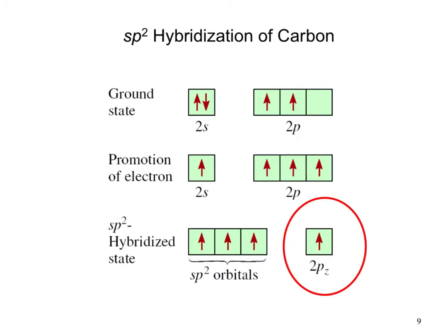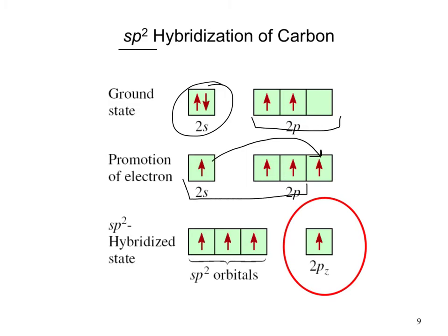So let's take a look at the sp2 hybridization of carbon. In the ground state, you've got the 2 s electrons and 2 2p electrons. If we promote one of the s electrons into a p orbital, and then hybridize the s and only 2 of the p's, we're left with a lone electron in the 2p orbital.